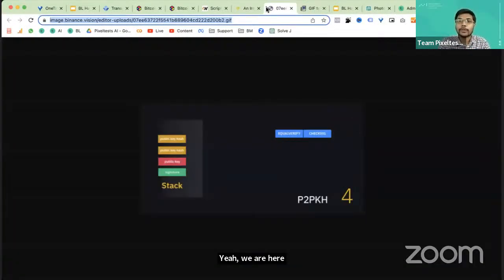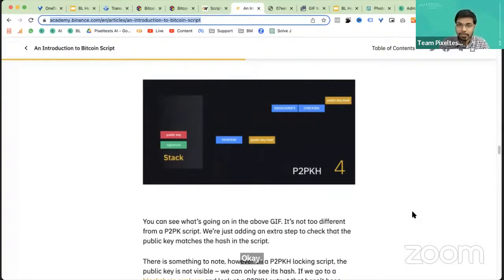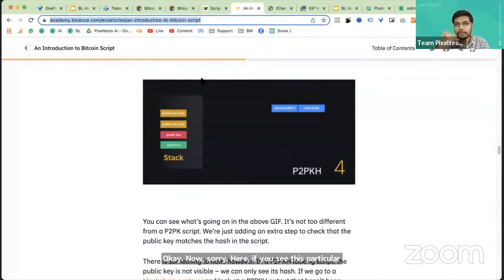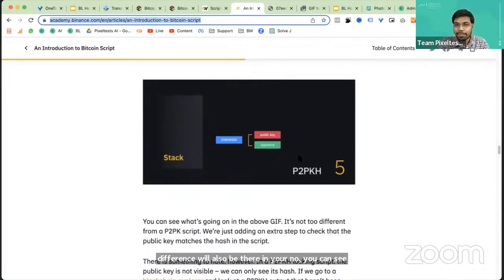Right. So I'm going to now go through the whole video or the GIF once again. Here, if you see this particular reference link that I have shared, the link to the reference will also be there in your Teachable. You can see here what is happening step by step.